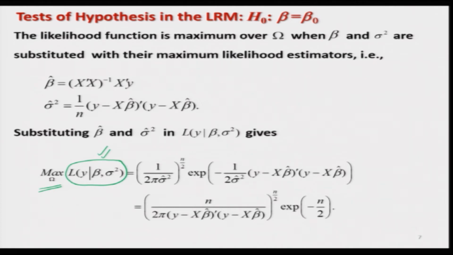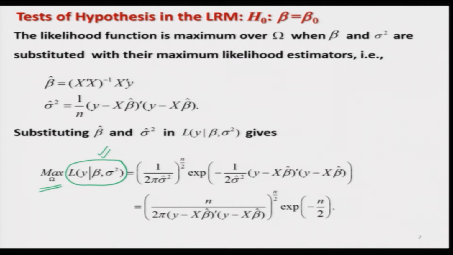So, do not you think that instead of doing the entire algebra once again, I can simply say that the maximum likelihood estimators of the respective parameters are going to provide us the maximum value of the likelihood function.